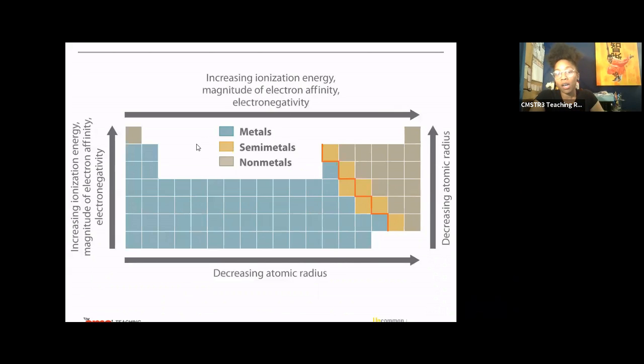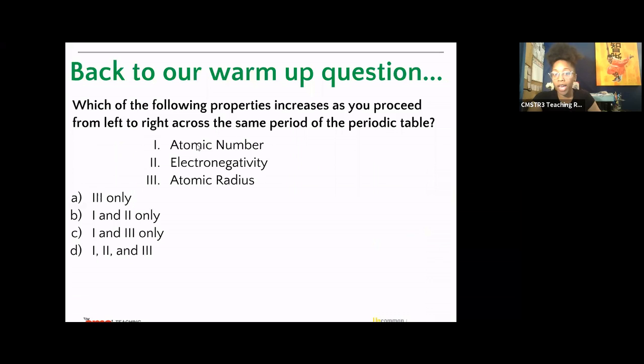When they talk about the trends, let's come back to our question from the warm-up. When we had our poll question, most of the answer choices were B and C. So I'm glad that we eliminated A, because radius does what as you move from left to right? Do atoms get bigger or get smaller? They get smaller, so 3 can't be the answer, which means which other ones can we eliminate?